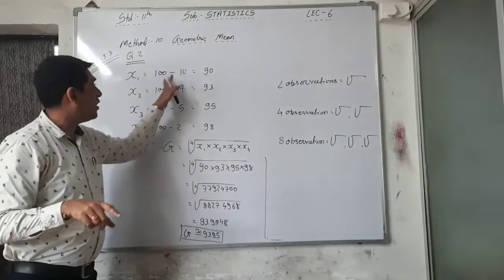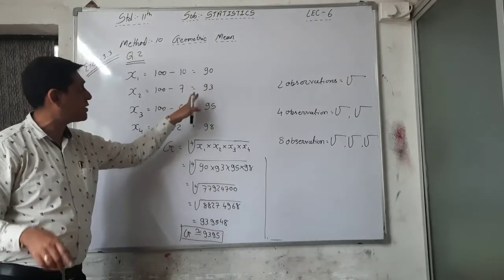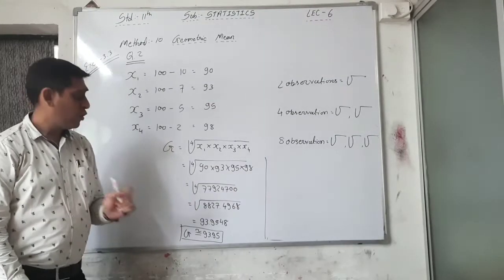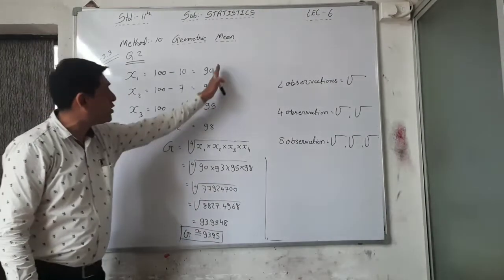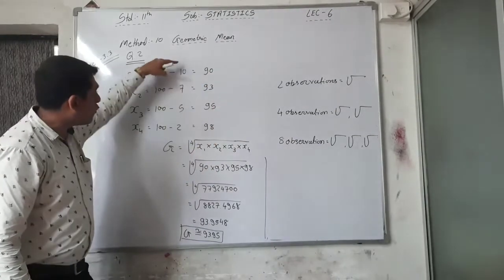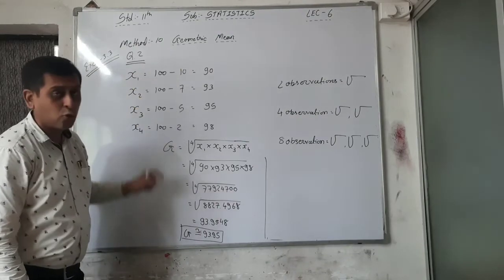But we are finding the original observation, that is 90, 100 minus 10, 100 minus 7, that is 90, 93, 95, 98. So your 93.95 is not your original answer. See, it is from these observations, and you have to find out the average of these 10, 7, 5, 2.